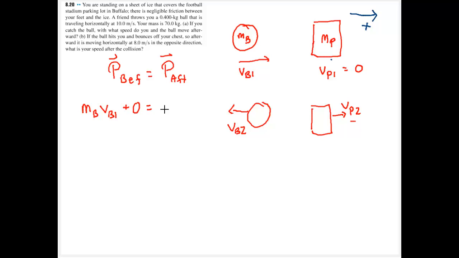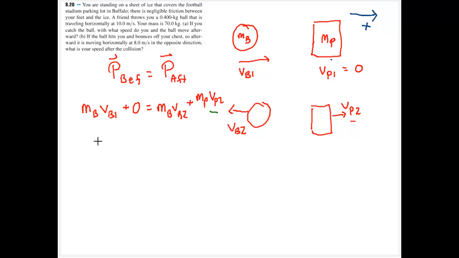The momentum afterwards is going to be the mass of the ball multiplied by the velocity of the ball after the collision has occurred, plus the mass of the person multiplied by the velocity of the person after the collision has occurred. So I'm going to solve this for the velocity of the person now.